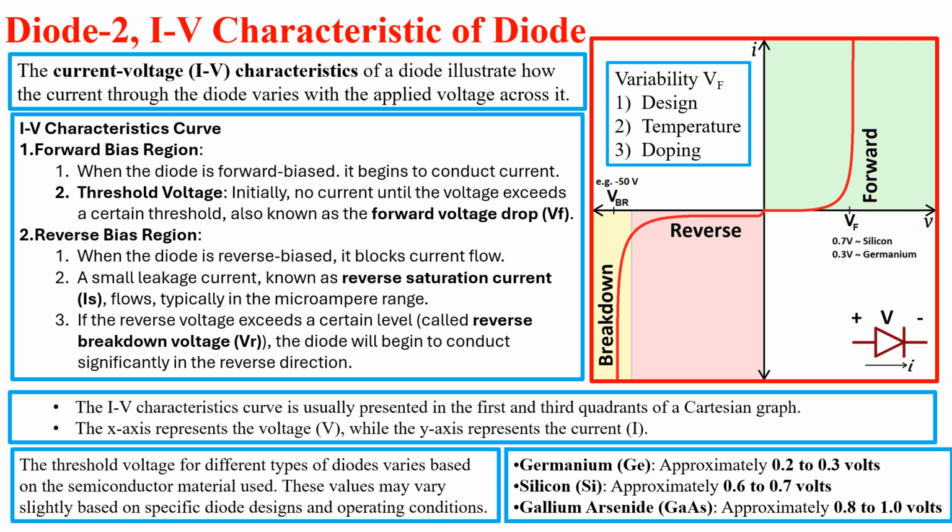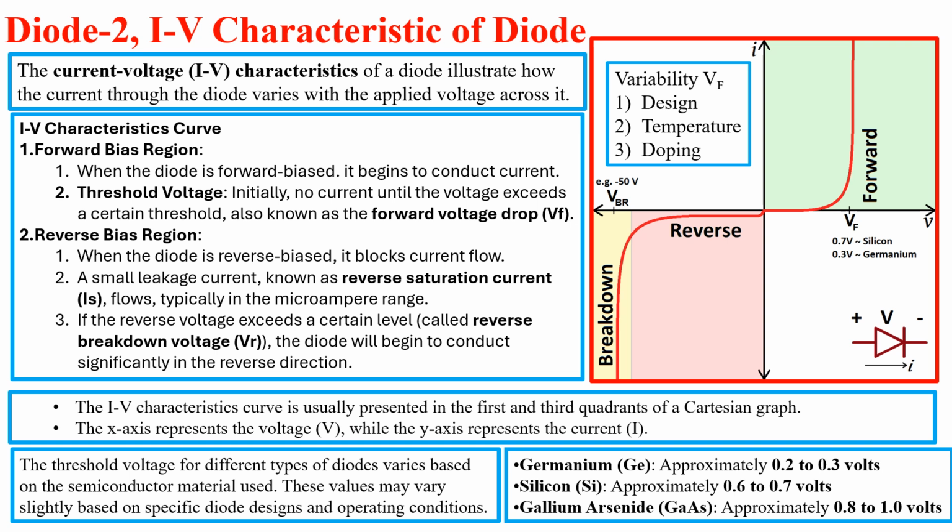Threshold voltage is the forward bias voltage drop. Initially, there is little or no current until the voltage exceeds a certain threshold, known as the threshold voltage or forward voltage drop. For a silicon diode, this voltage is typically around 0.6 to 0.7 volt.